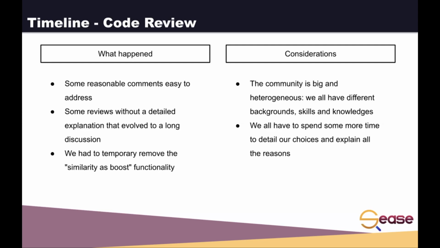So this brings a long back and forth conversation, and all of this conversation is offline. It's not just a chat of 1 minute. It takes days over days. And we spent about 2 months clarifying what we needed to do. But actually, after a while, we said, okay, the piece of the code where the complaint was was the functionality of similarity as a boost.